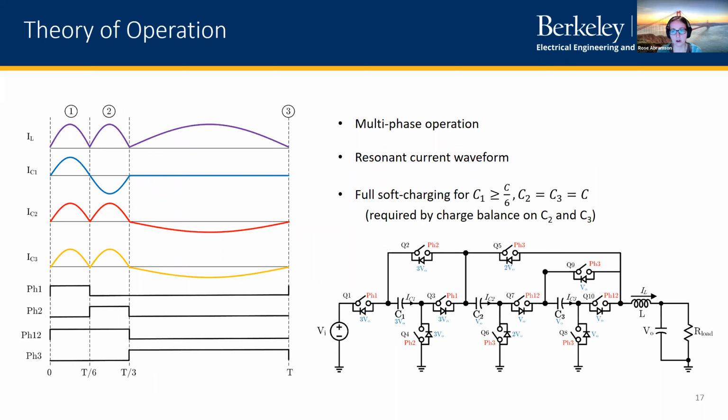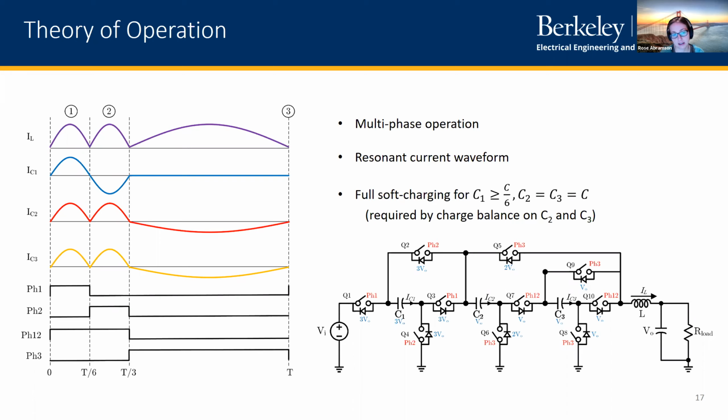So if we summarize this, we can look at this converter, and we can see that we get this sort of resonant current waveform. And that can allow us to achieve zero current switching if we switch exactly when that current hits zero. We can also look at the soft charging behavior of this converter.